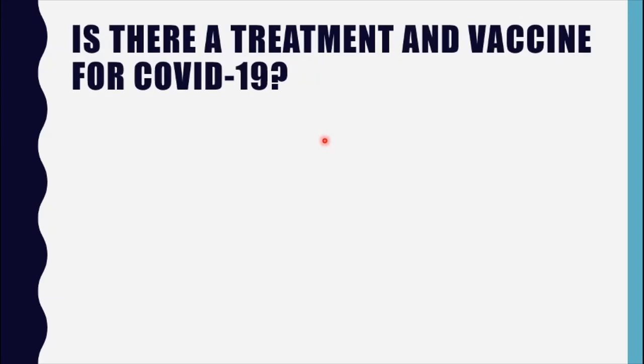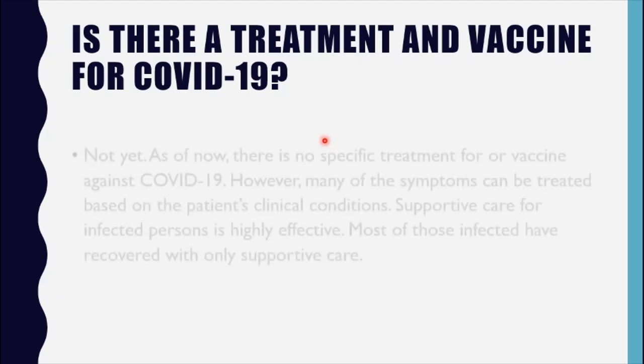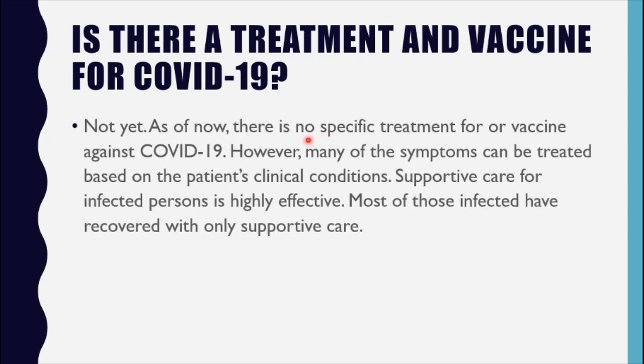So the question is, is there a treatment and vaccine for COVID-19? As of now, there is no specific treatment or vaccine against COVID-19. However, many of the symptoms can be treated based on the patient's clinical condition. If the immune system of the patient is strong, the patient can survive and recover. But for the severe cases, that is the consequence.